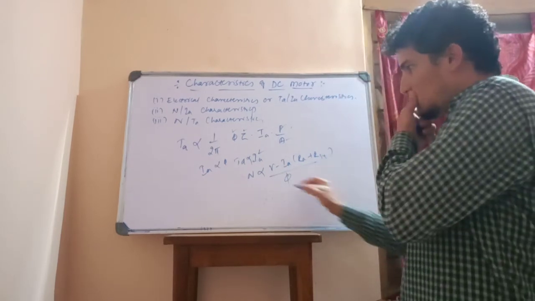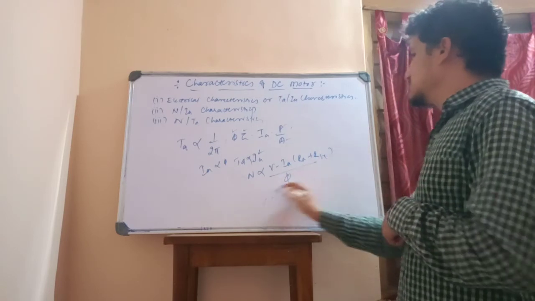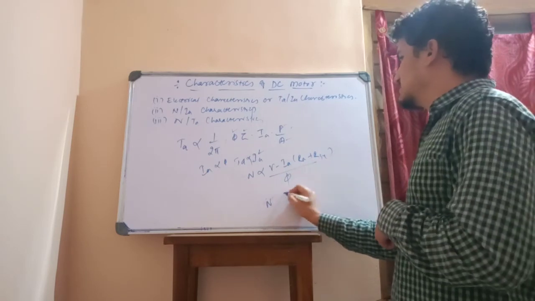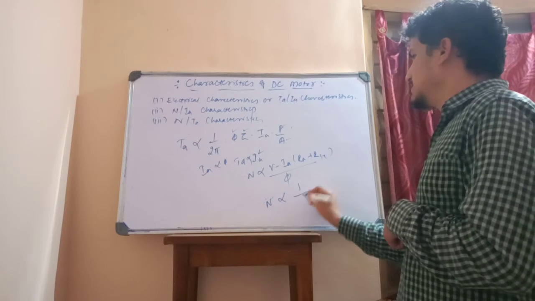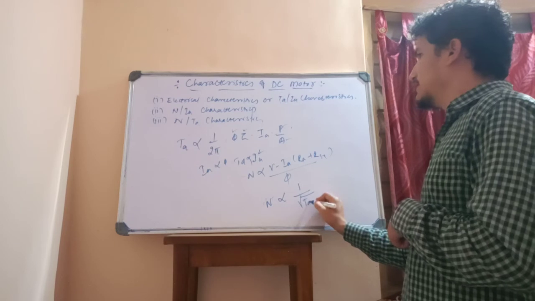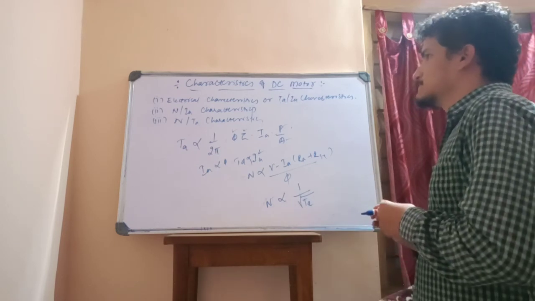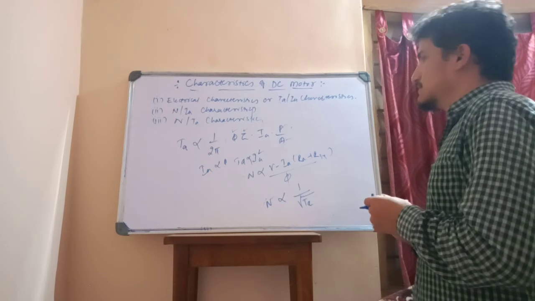So here, since Ta is directly proportional to Ia square, N is inversely proportional to the square root of Ta.